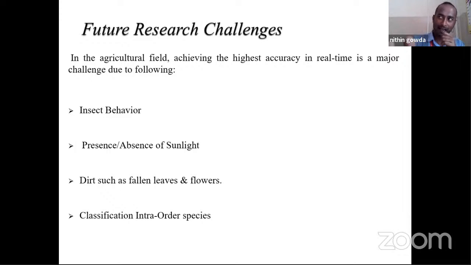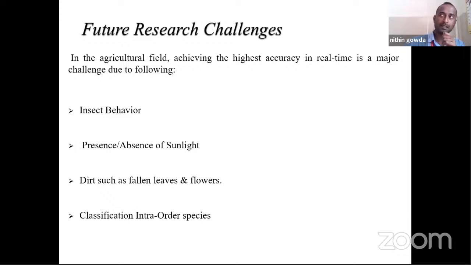Just now I have fixed that deep learning models will work fine compared to machine learning models with respect to insect identification and classification. So now I need to devise the trap. These are the problems that I will face. One is how the insect is going to behave, I don't know. The presence or absence of sunlight, I need to consider. And the fallen leaves and flowers, even they will look like flies. Some flies look in a similar manner. And how to classify the insects which come under the same class?